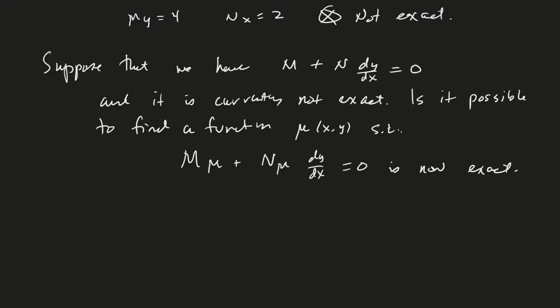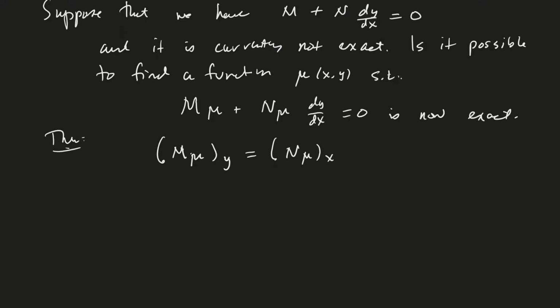Hopefully those look different. Well, what would have to be true? Then we need that the partial derivative with respect to y of M times mu should be equal to the partial derivative with respect to x of N mu.